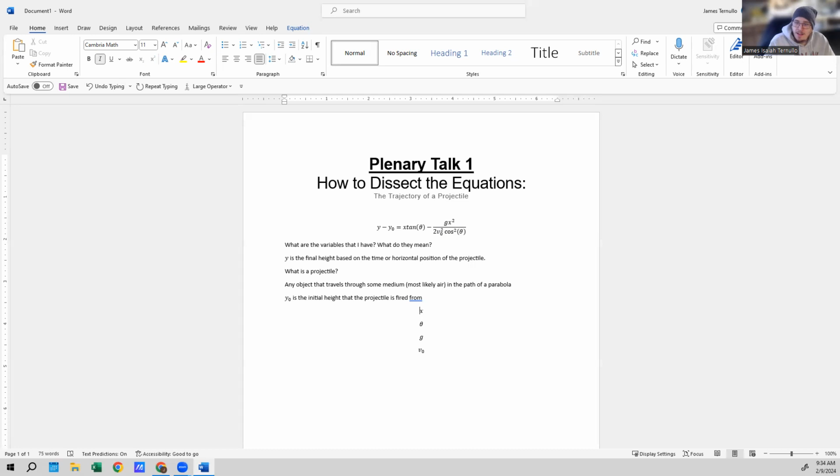This next variable x, we definitely want to know what it is, and that is the horizontal coordinate that the projectile travels.